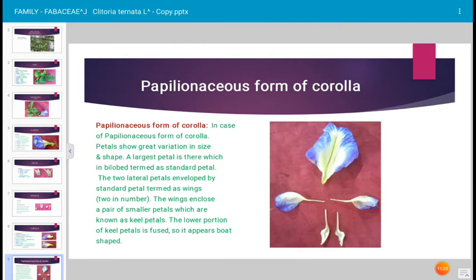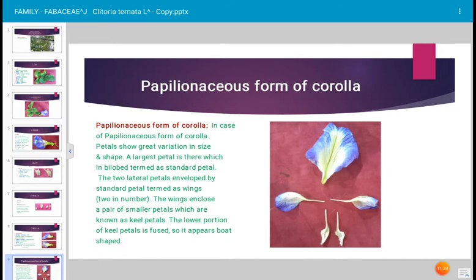A large petal is there which is bilobed, termed as standard petal, and which is large in size, and the two lateral petals enveloped by standard petal are termed as wings. They are two in number, resemble a wing, hence it is called wing petal, and the wings enclose a pair of smaller petals which are known as keel petals.